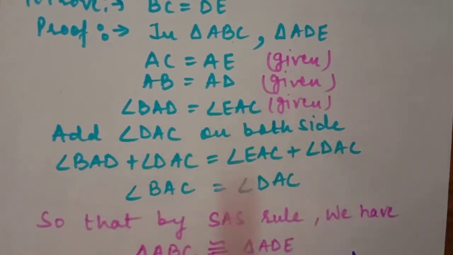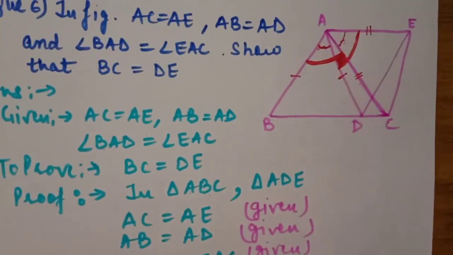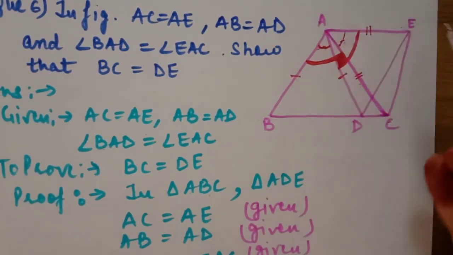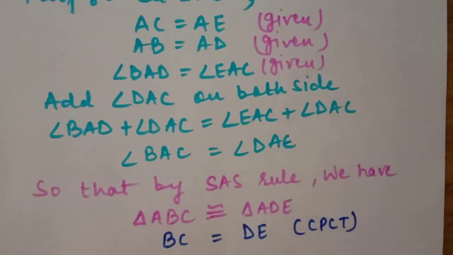Add angle DAC on both sides of this equation. Now angle BAC and angle DAE are equal to each other. So by the SAS rule both the triangles are congruent.